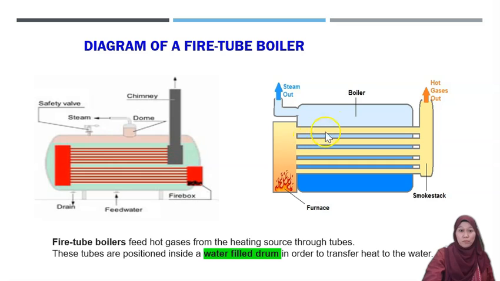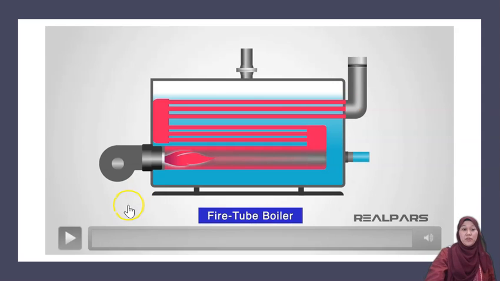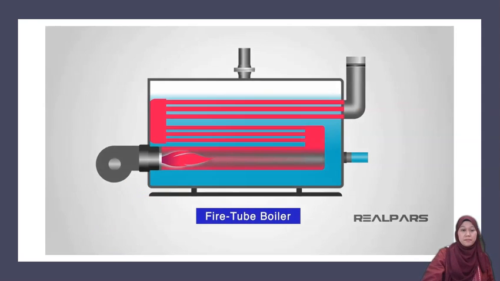The tube has the heat inside. We will compare it with the water tube boiler. It can store the steam inside the drum or the barrel here. Let's look at the video on the working principle.